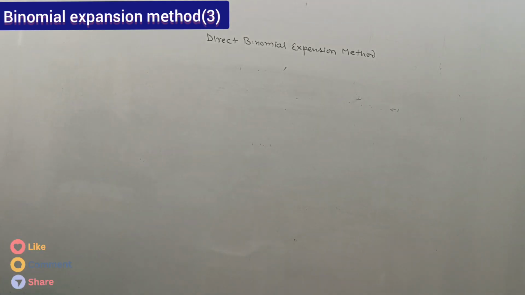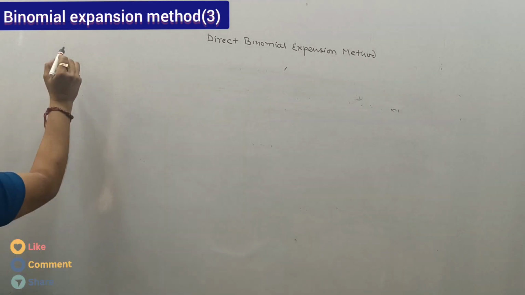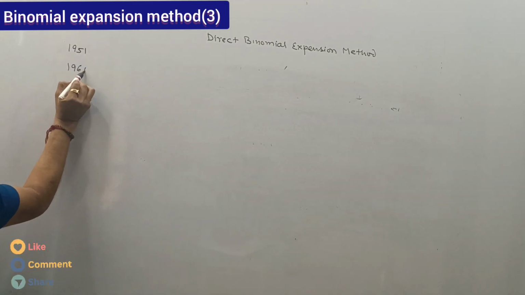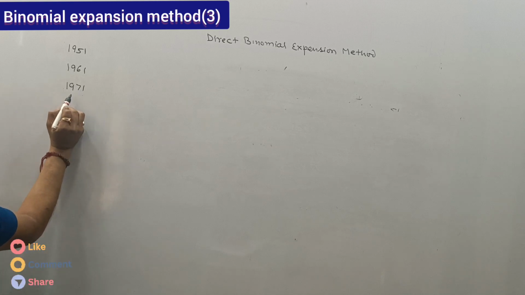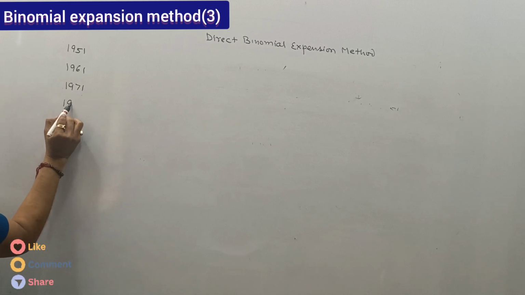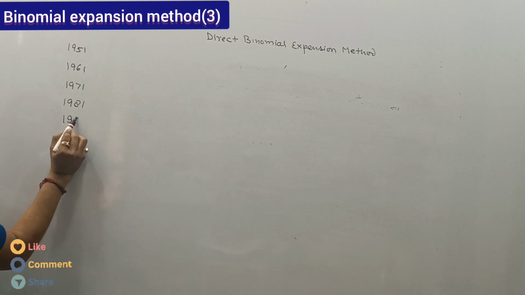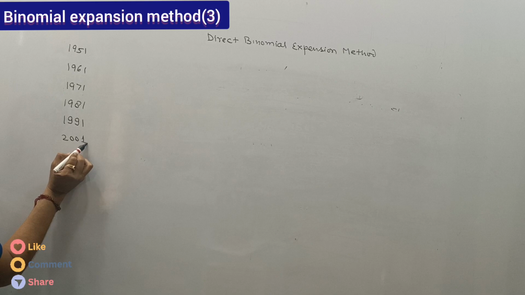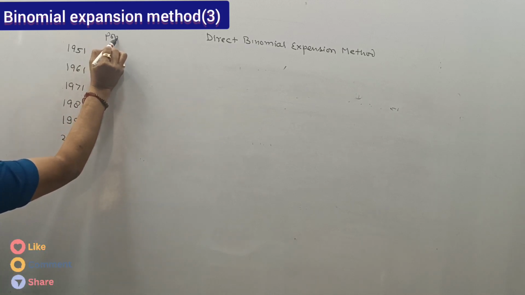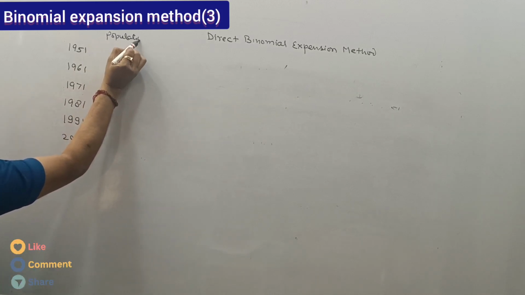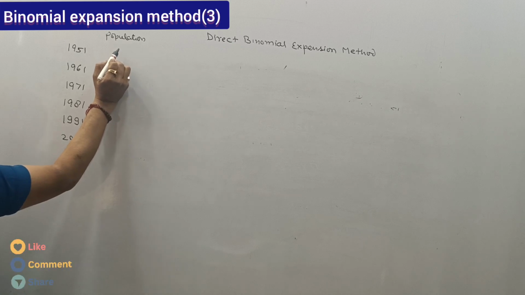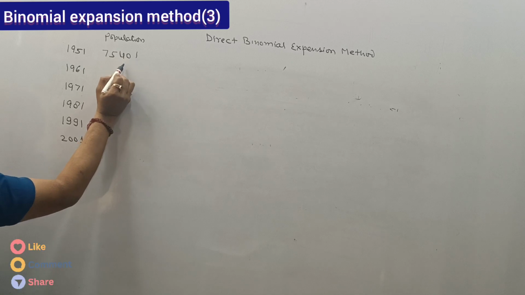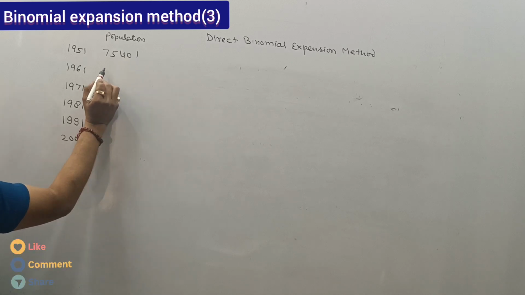The population data is given for 1951, 1961, 1971, 1981, 1991, 2001. The population data is given, that is 75404, 75401, 82984.